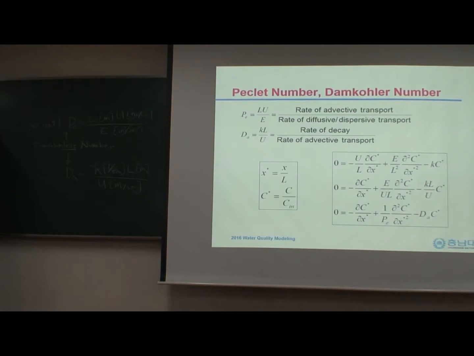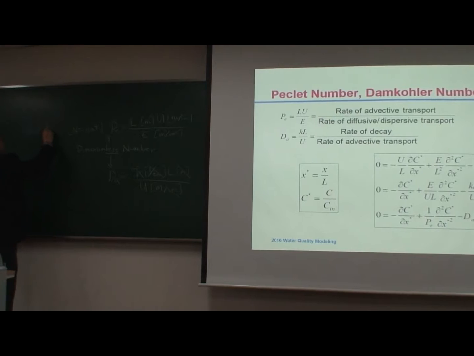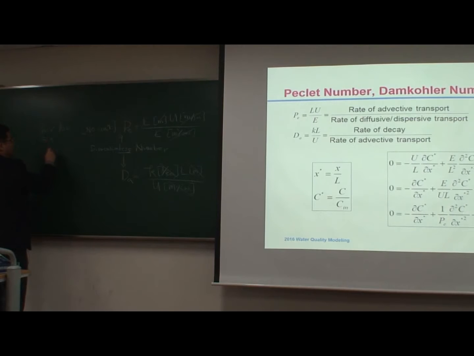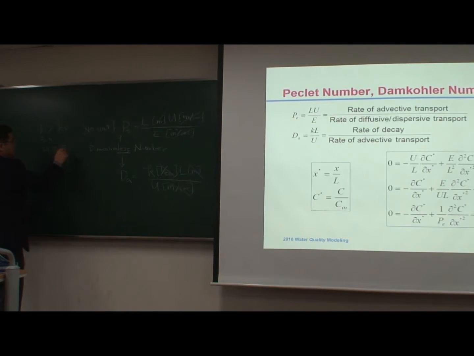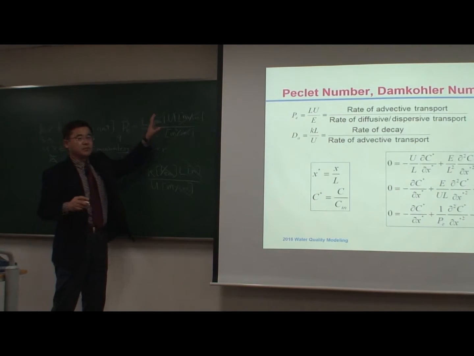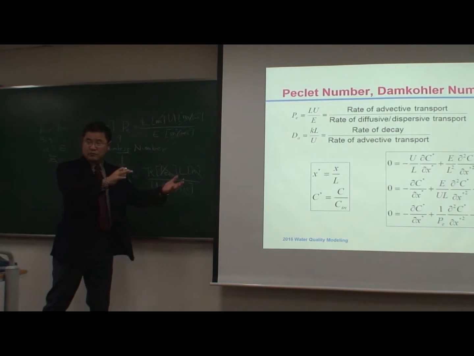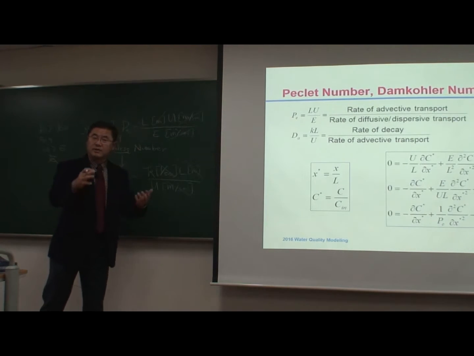If Pe is big, let's say 100, in other words, if this is a big number, then it can dominate, and we can maybe ignore the other term in that case. So if we have a big Peclet number, that means it's a very fast river. In that case, the movement of water is the dominant factor to carry your pollutant.